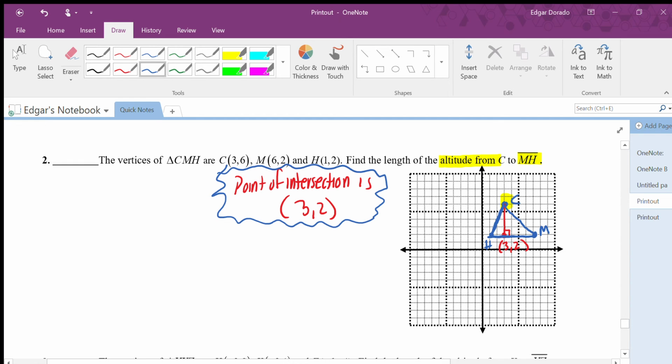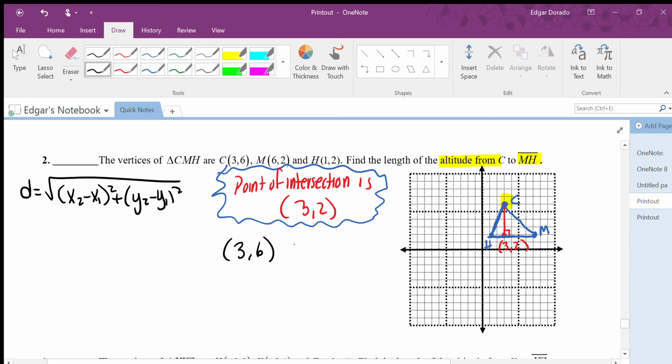In this particular case, it wanted us to find the altitude from C to MH. So I'm going to go ahead and find the length of that altitude right now. To do that, I'm going to use my trusty formula: square root of x2 minus x1 squared plus y2 minus y1 squared. Okay, I need to know what points I'm going to use. Well, I'm definitely going to use point C, which is 3, 6. And I'm also going to use my point of intersection, which is 3, 2.